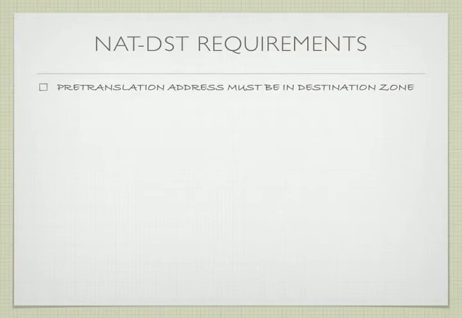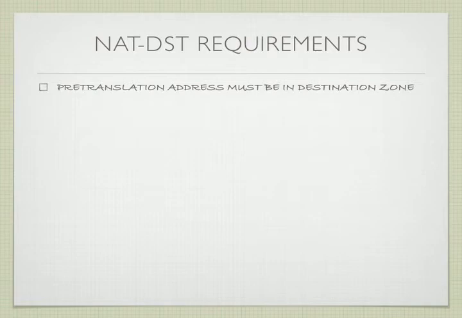So, for example, if you're going to write a policy from untrust internet to trust internal, then you would have to create that public address that's assigned to this server in the trust zone. So I know that's counterintuitive on some levels, but if you're going to write the policy from untrust to trust, then the pre-translation address has to be in the trust zone.